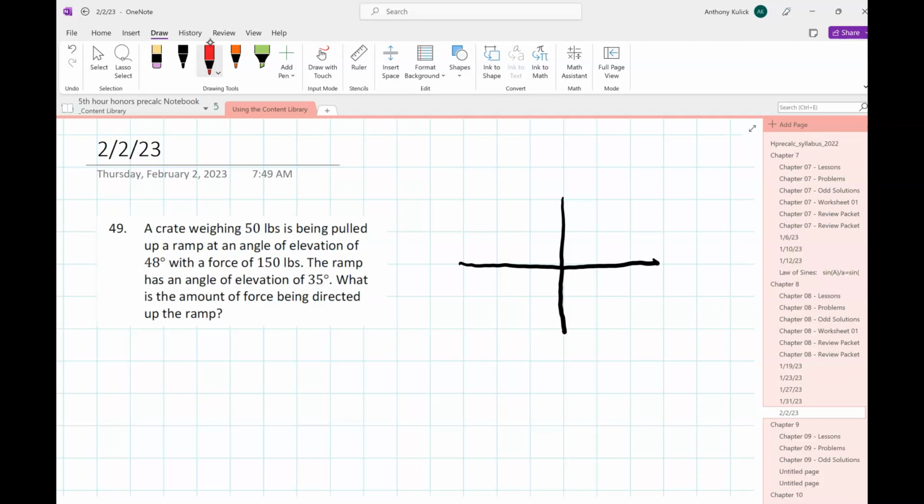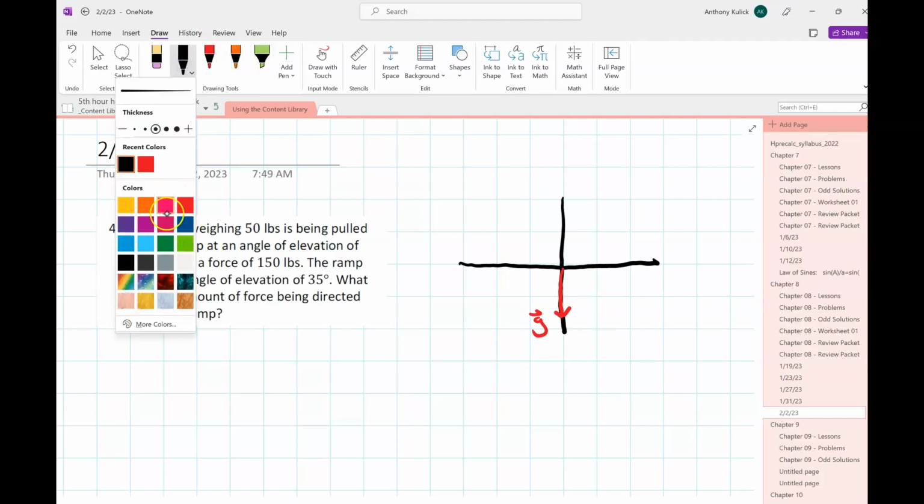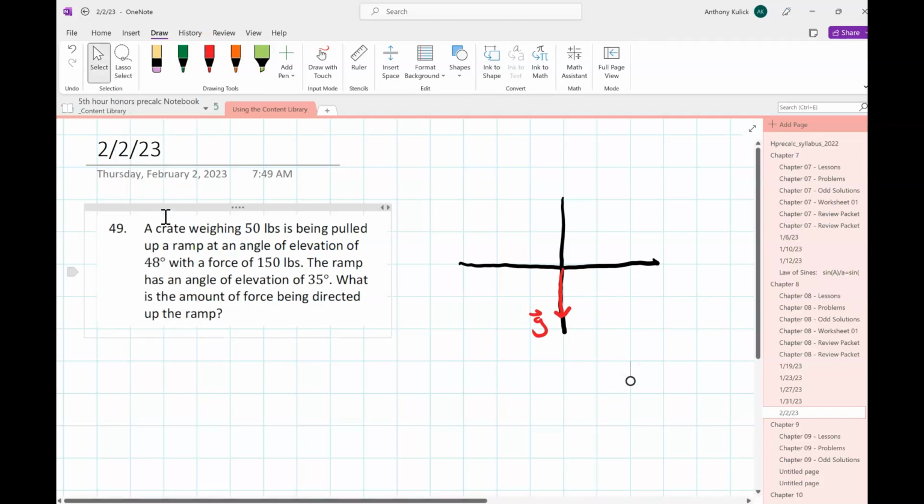So when we read this problem, how many vectors do you hear? I hear 3. So I have one vector for gravity because the crate has some mass to it. I have one vector for the pull being exerted.